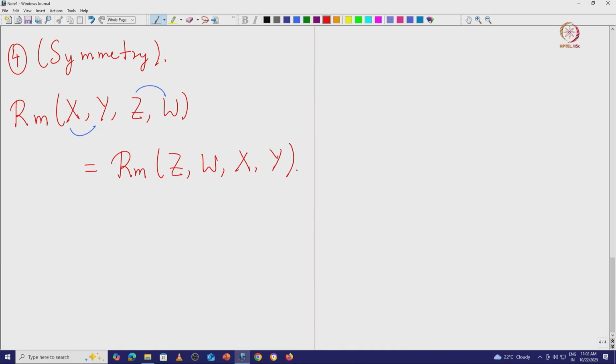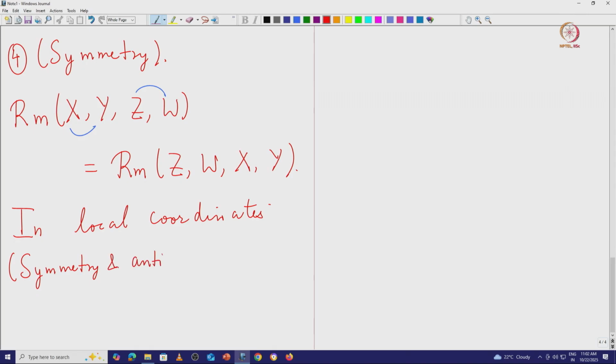Okay, so in local coordinates, or in a local frame, the symmetry and anti-symmetry relations, and skew-symmetry, can be written succinctly as this.